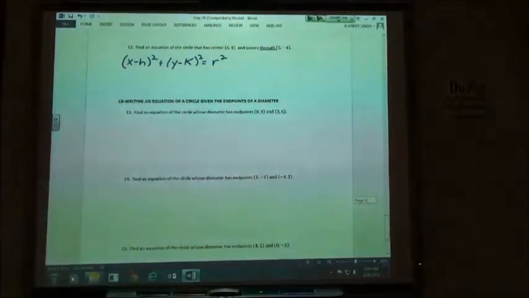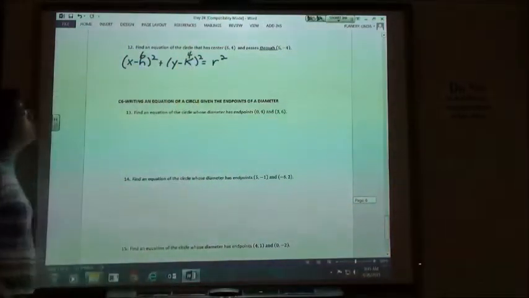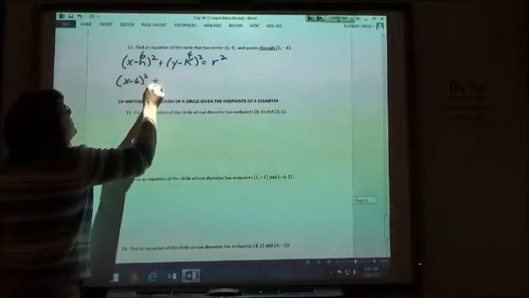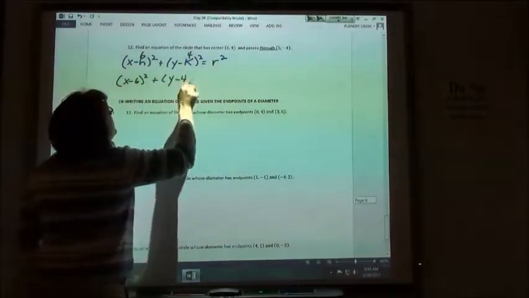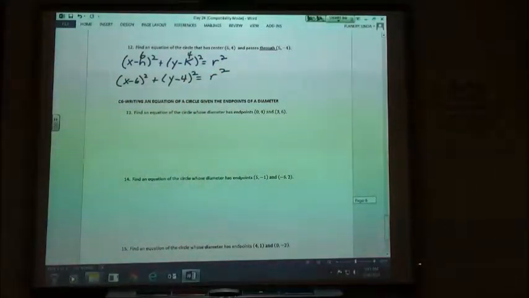And our center is at 6 and 4. Since those are positive, we just get (x minus 6) squared plus (y minus 4) squared, and then we can go ahead and find our r squared.